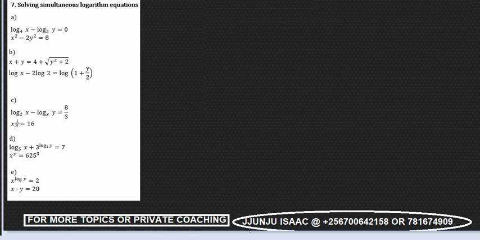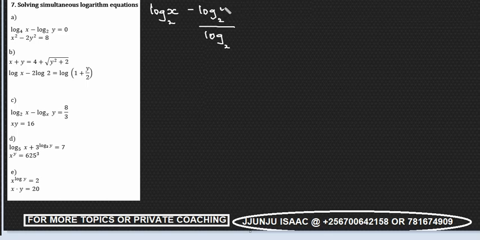So now since we are solving for x and y, we cannot do that when we have x as a base, so we can get rid of that by converting this term to another base. And since this is log base 2, let us take this one to be also to base 2. So we are going to say log base 2 of x minus log base 2 of y.